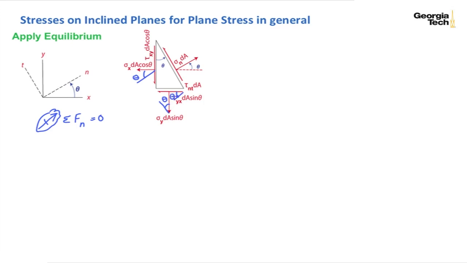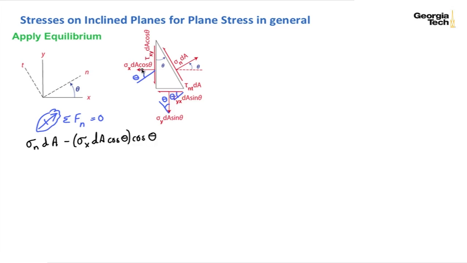If I sum forces now in the normal direction, I have sigma sub n dA in the positive normal direction. This force parallel to the inclined surface is completely in the tangential direction, so it has no impact on this equation. Let's take this force, which is in the negative normal direction, and it's going to be the cosine component. So we've got minus sigma sub x dA cosine theta.